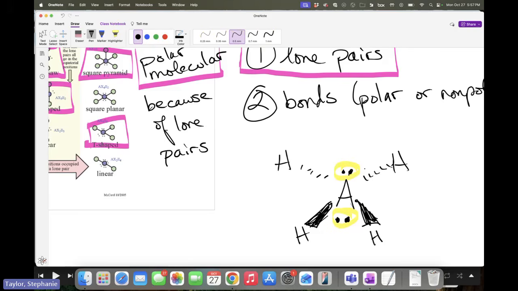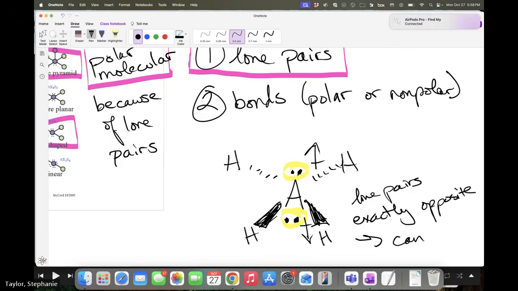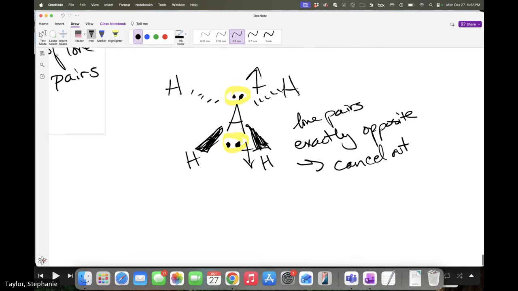So this lone pair and this lone pair are exactly opposite. Lone pairs exactly opposite. And in this case, when I say exactly opposite, they are actually 180 degrees from each other. So they are one on top of the other, lone pairs. So the lone pairs do cancel.